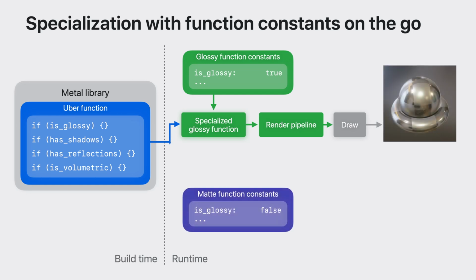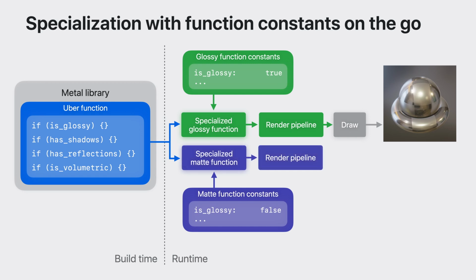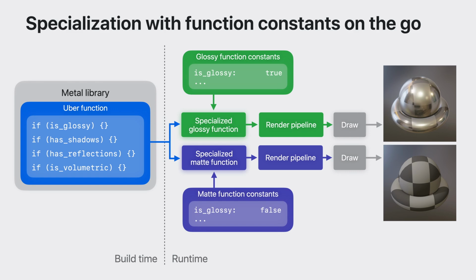Function constants give you the flexibility to both create multiple specialized variants on the go as needed and reuse an intermediate Metal function for all remaining possibilities. With this approach, you can save time and space by creating only the shader variants and render pipelines you need.